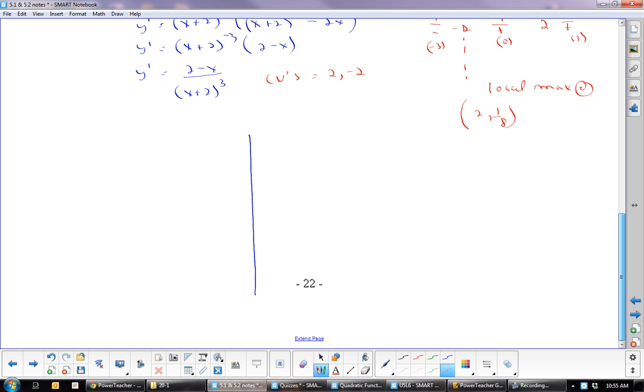Let's draw it. Okay, so what do I know? I know that I have an asymptote at -2. So here's -2. Draw my vertical in there, and you can write VA there. I also have a horizontal asymptote there.